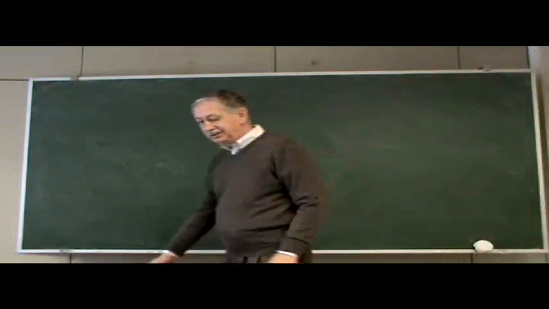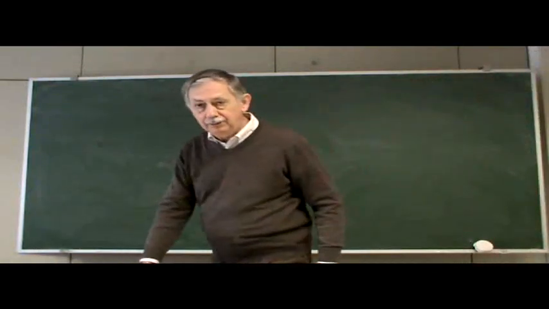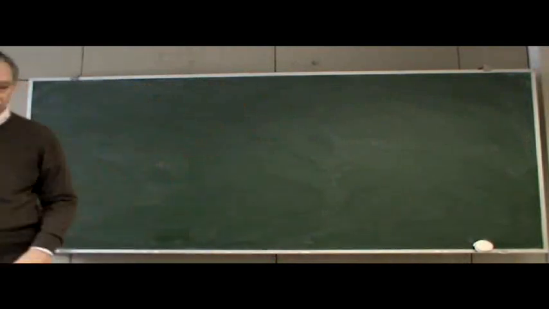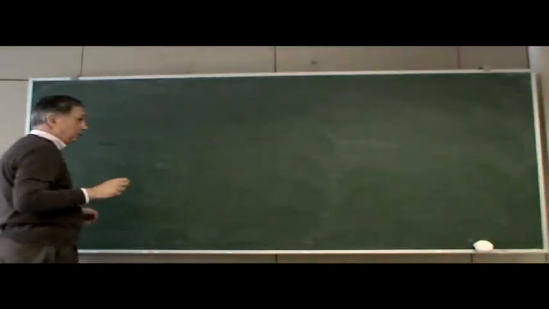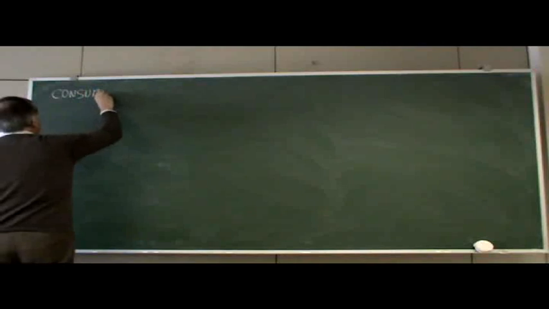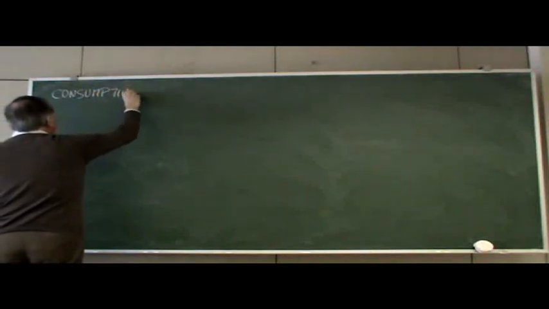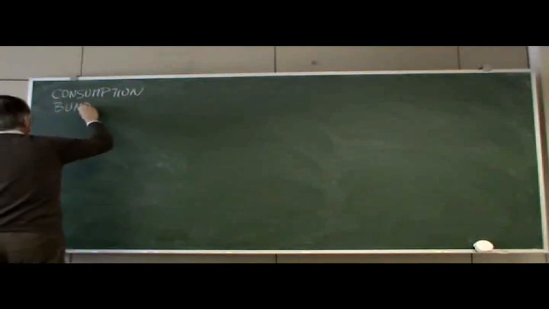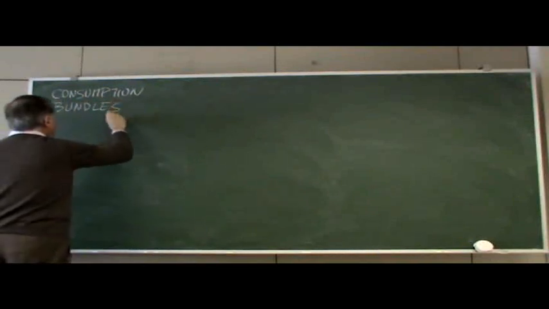Now, let us consider the consumption part of the model. Every household consumes some quantities of goods. So, the alternative objects are nothing but the usual consumption bundles.